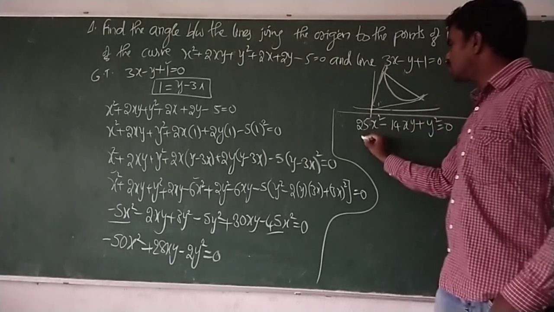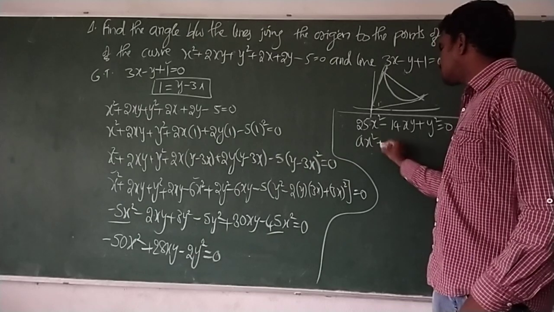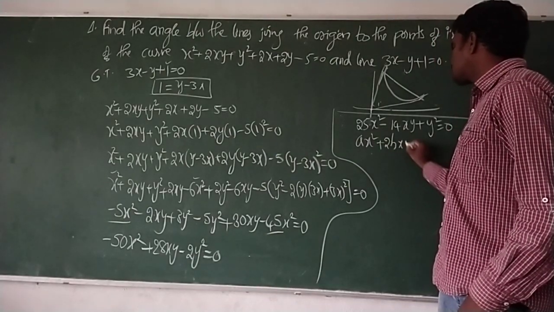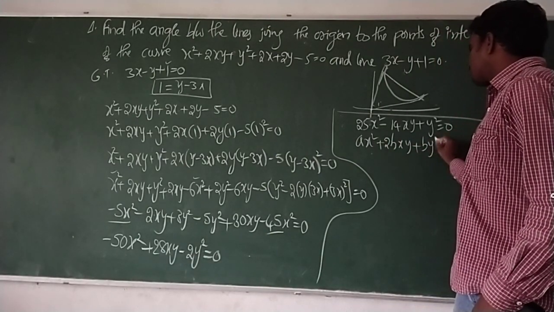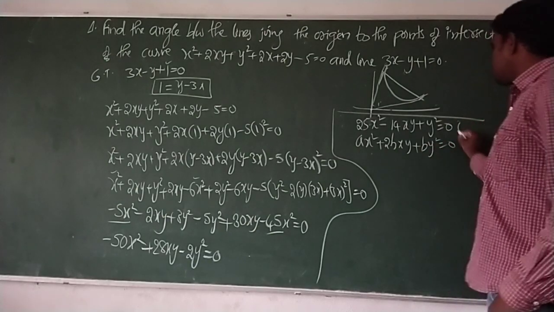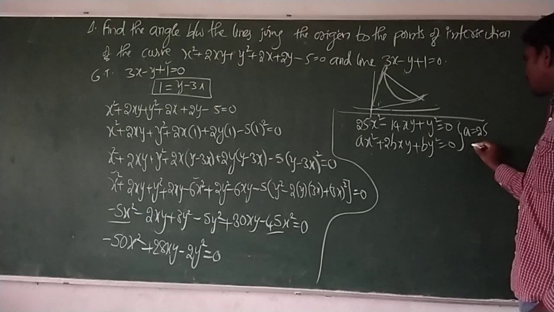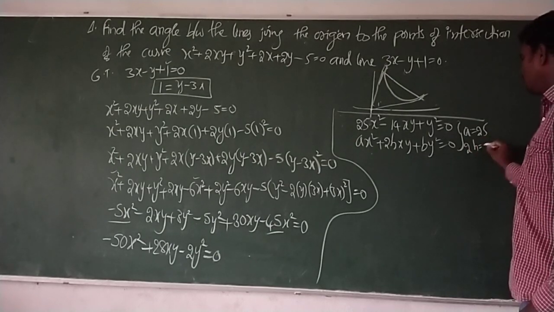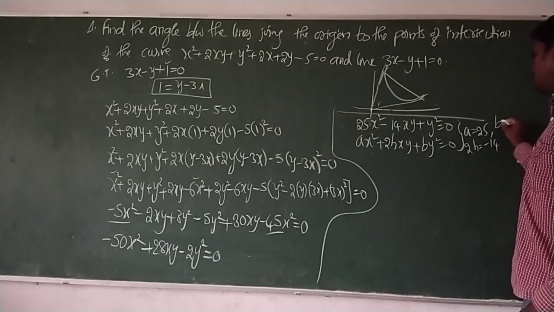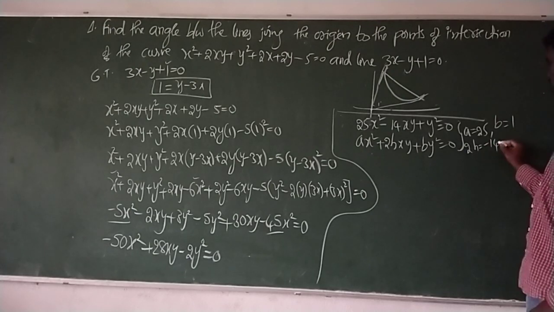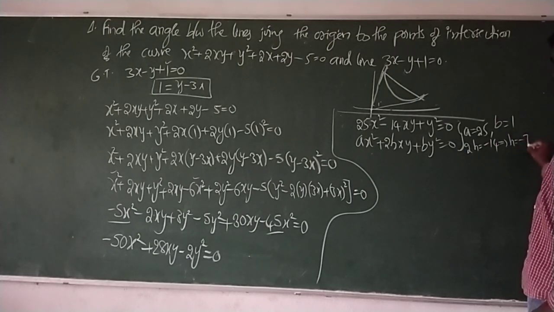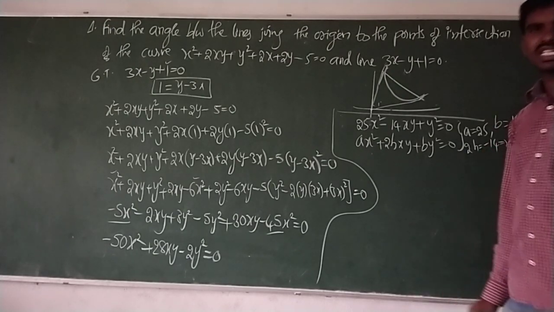So now compare with the general pair of straight lines, that is ax square plus 2hxy plus by square equal to 0. So what is a? Very good, 25. What is 2h? 2h is minus 14. What is b? b means 1. 2h is minus 14 means h is equal to minus 7 also. No problem. Is it clear?